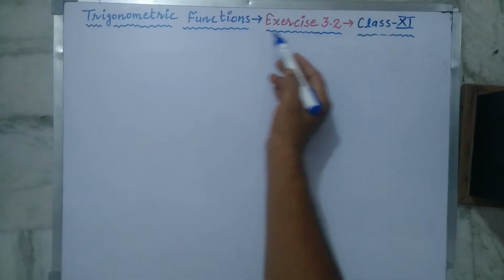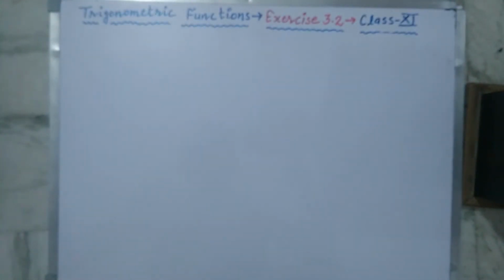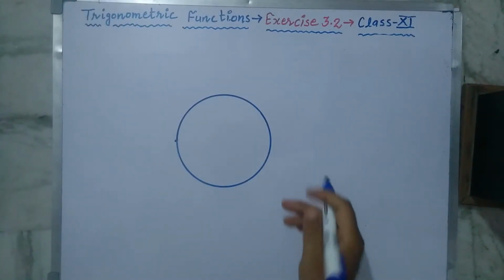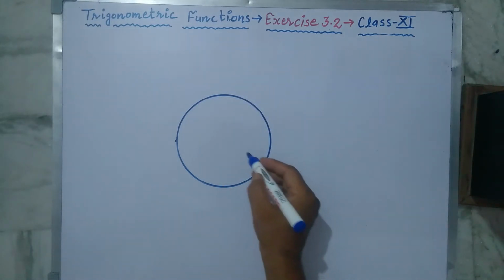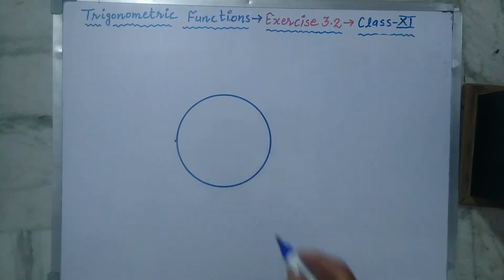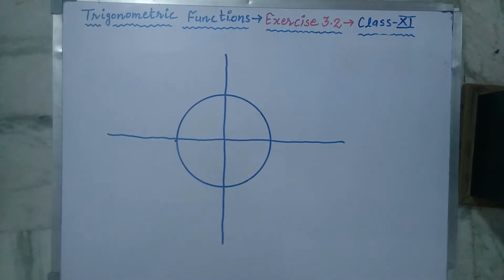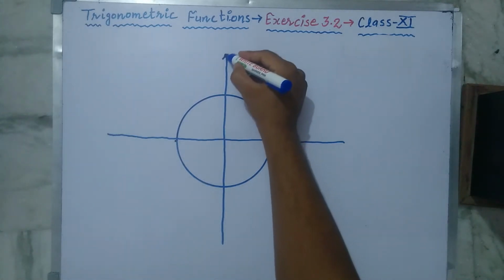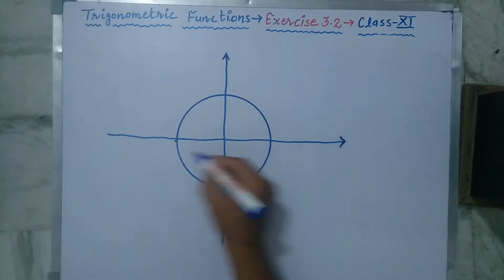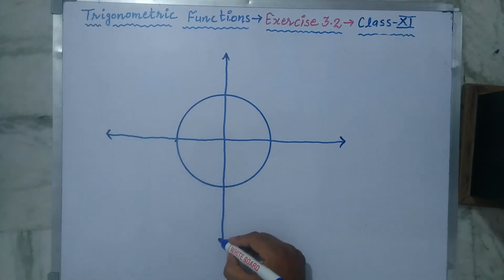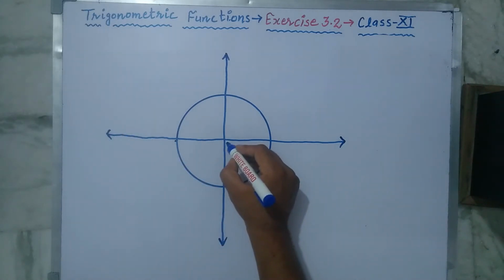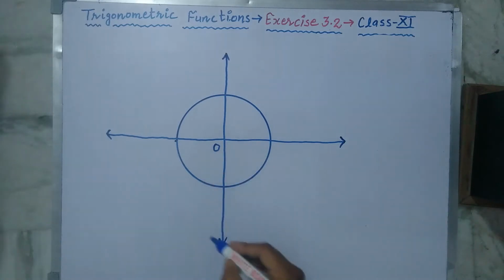So let us proceed with trigonometric functions. First of all, let we have one unit circle. Unit circle means a circle with radius 1 unit. And suppose the coordinate plane where the coordinate axes meet here in the center of the circle.